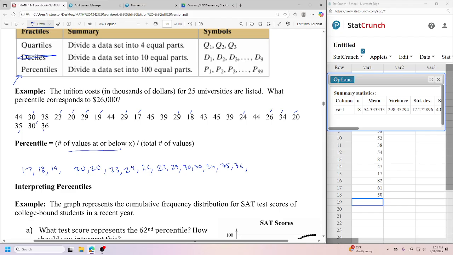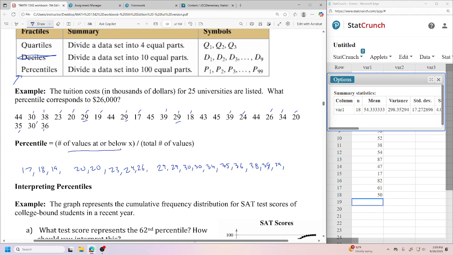35, 36. I see a 38 and a 39. Oh, did I mess up again? There's a third. I'm going to go down the list. Oh, look, you're right. Oh, thank you. Okay, I'm going to try to squeeze that guy in.